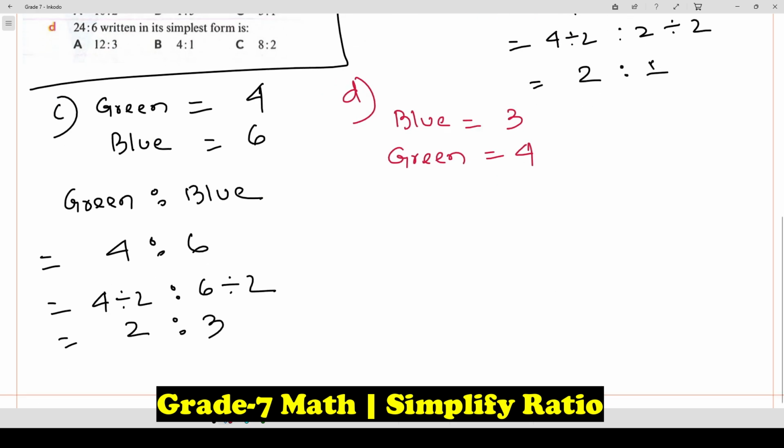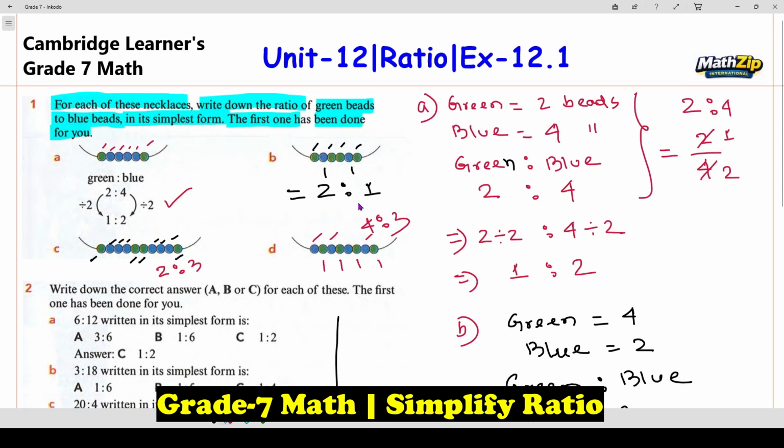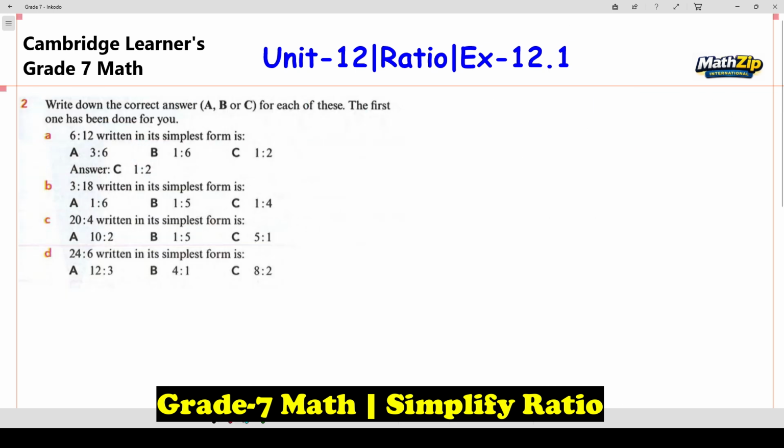So we can say green is to blue, that means 4 is to 3, and this is our answer, 4 is to 3. So we are simplifying this ratio. This is very important, simplification of ratio. So number 1 done.